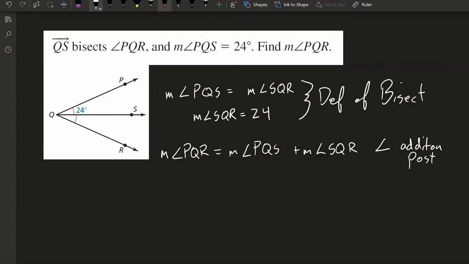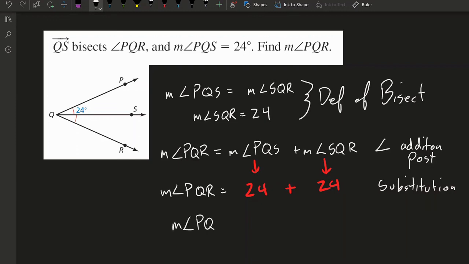Now I know that angle PQS is 24, but since it's being bisected, SQR is also 24. So the measurement of angle PQR equals 24 plus 24, that's substitution. And then we can combine like terms here. Measurement of angle PQR is equal to 48, and that is because of algebra. And we are all done.